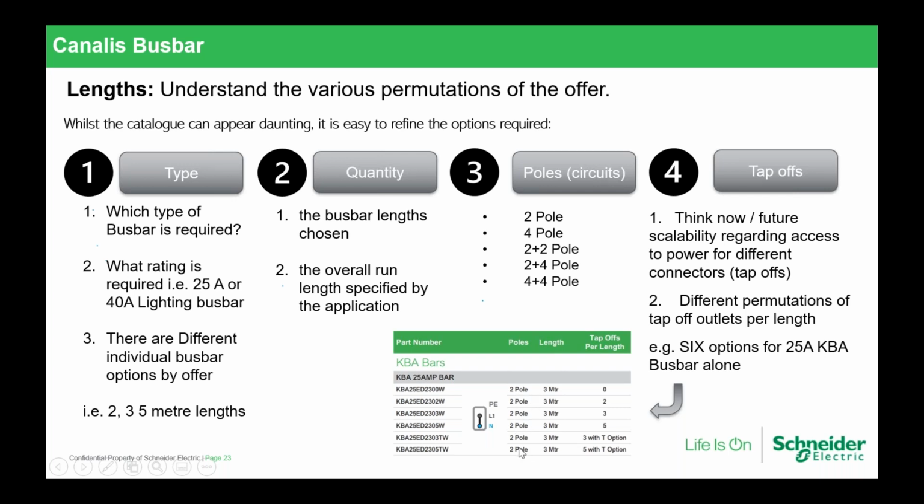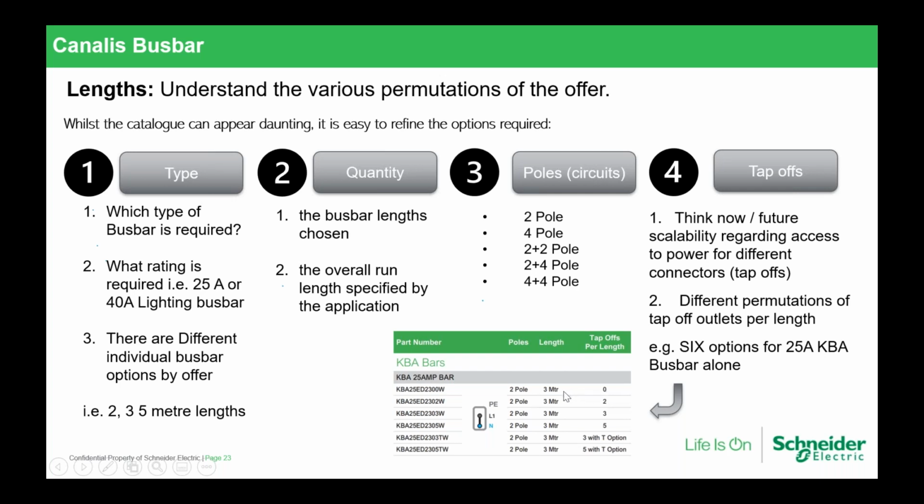For a single circuit we have a 3 meter length busbar, and we have several variants in terms of tap-offs. So how many tap-offs do you need for a 3 meter busbar? You don't need any tap-off.